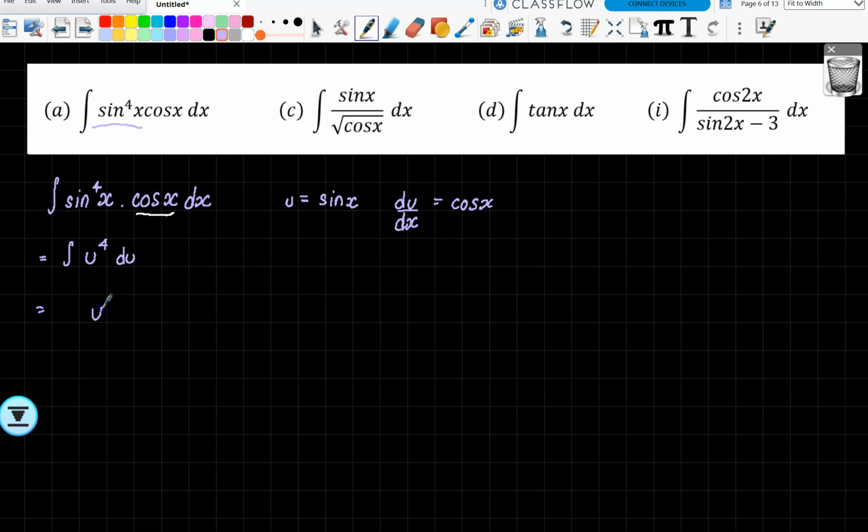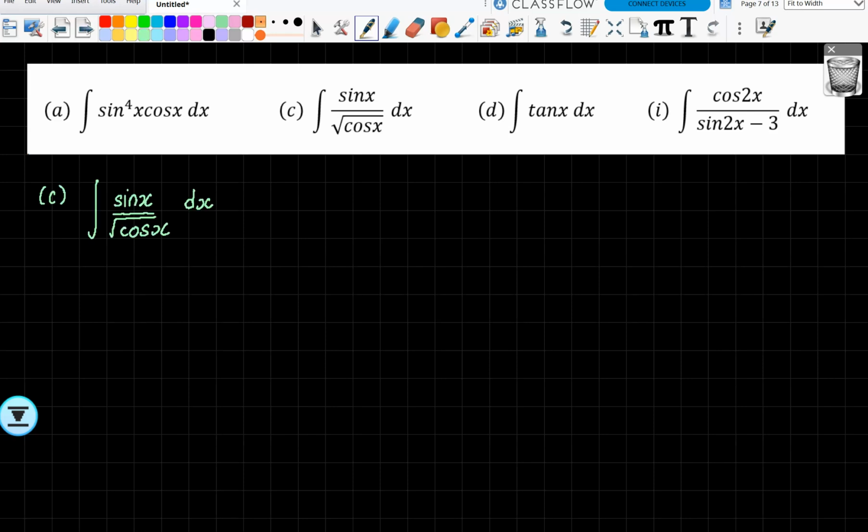We integrate, so this becomes u to the 5 over 5. Don't forget your plus c, and to finish off, we replace. It's just to show you that nothing really changes when we've got sine and cosine. It's about finding which one is going to be your u function, and doing the same thing: look at which one has the higher power.